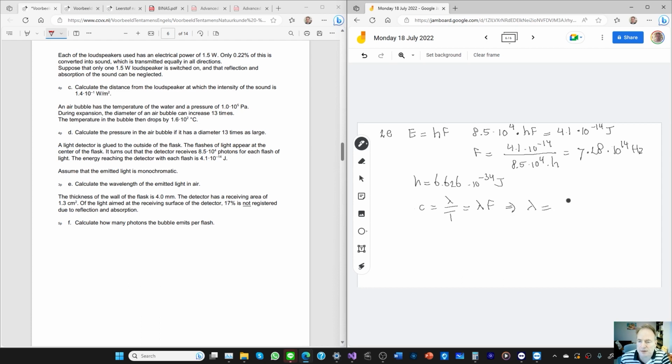Lambda is then the speed of light divided by the frequency.